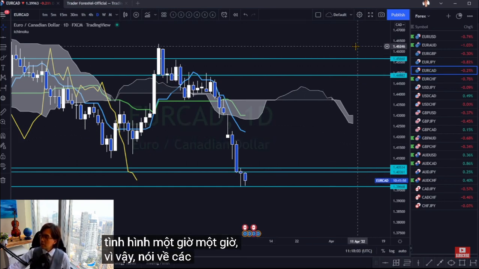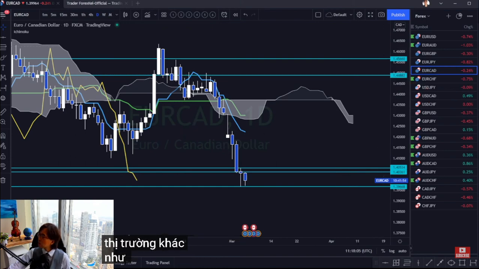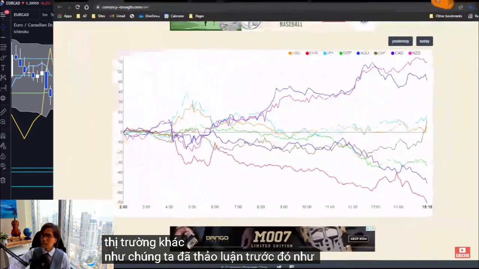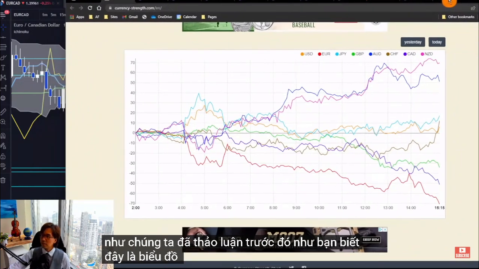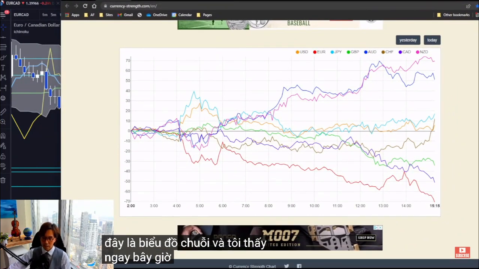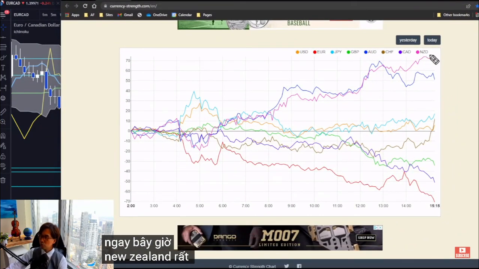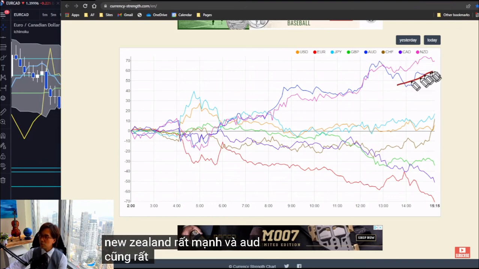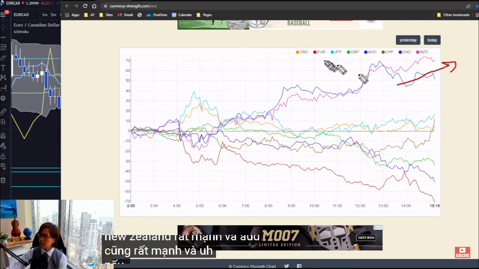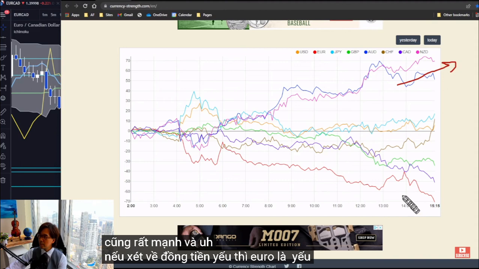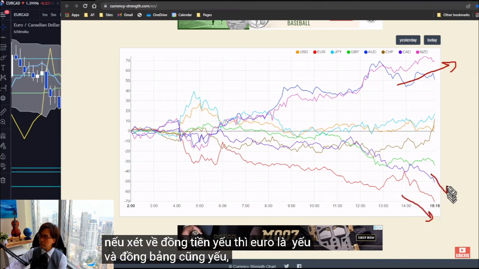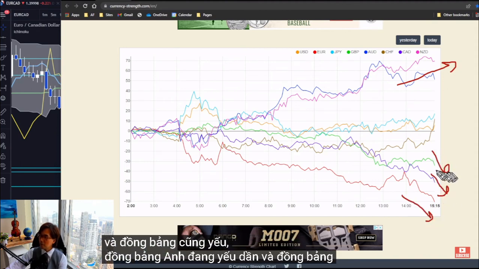So speaking of other markets, as we discussed earlier, this is the strength chart, and I do see right now the New Zealand dollar is very strong, and AUD is also very strong, and in terms of weak currencies, Euro is weak, and CAD is also weak. Pound is getting weaker now.